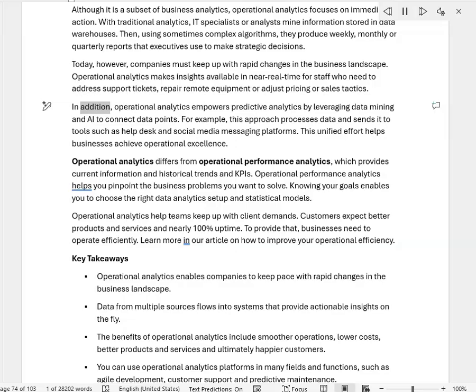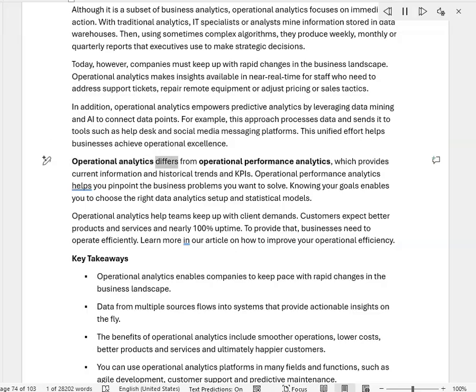In addition, operational analytics empowers predictive analytics by leveraging data mining and AI to connect data points. For example, this approach processes data and sends it to tools such as help desk and social media messaging platforms. This unified effort helps businesses achieve operational excellence.